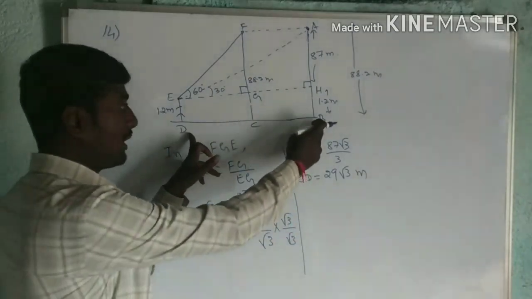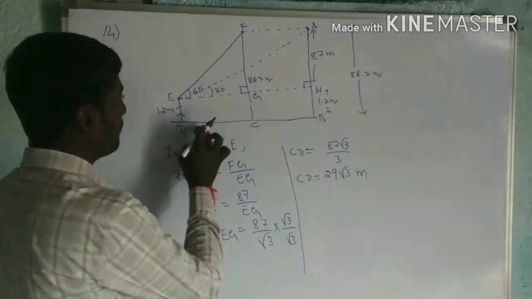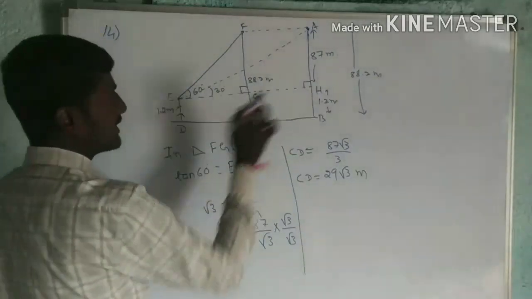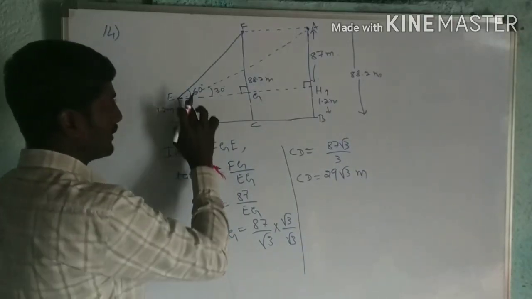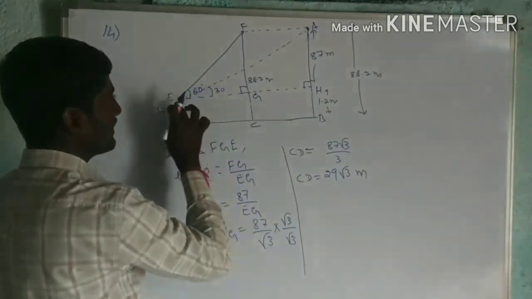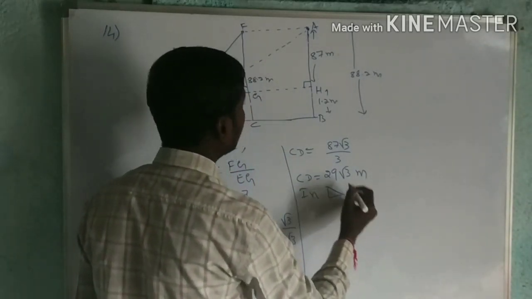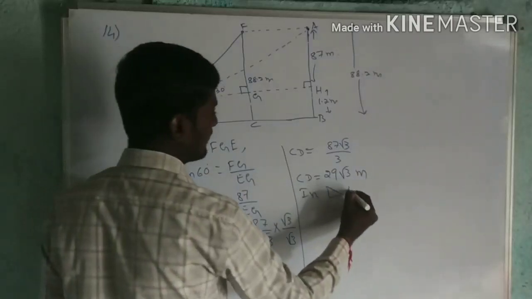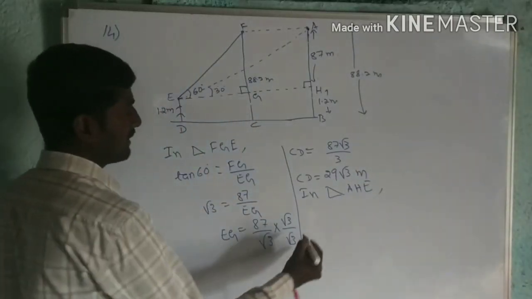Then I am going to find BD. To find BD, we have to find EH, as EH and BD both are same. So I have to go for the triangle AHE, a right angle triangle. What can I apply here?